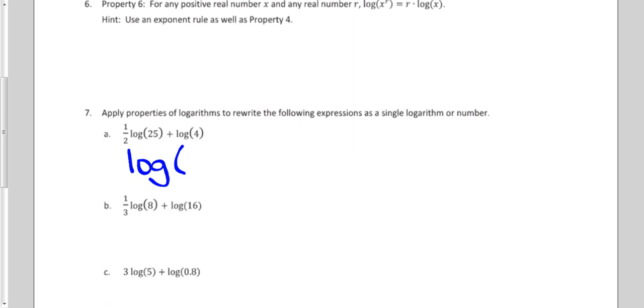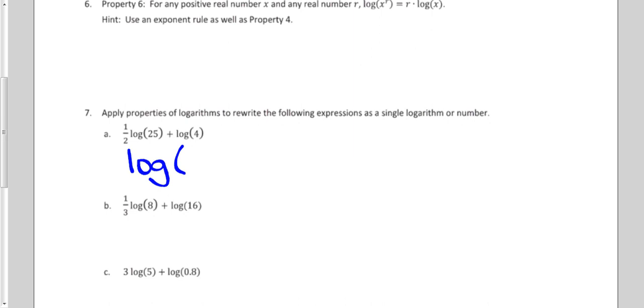No, because that's 1 over 25 squared. No, what is 25 to the 1? What does 1/2 power mean, Brett? What does 1/2 power mean? Some people would say that's exactly what I asked, right? No, it's not.